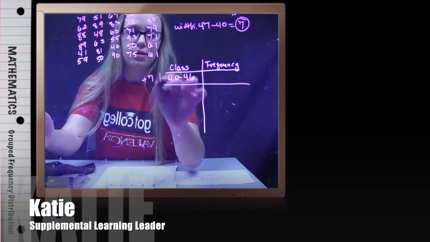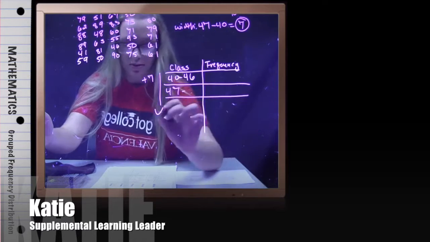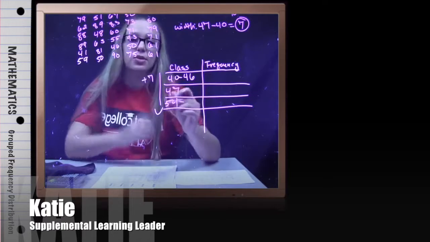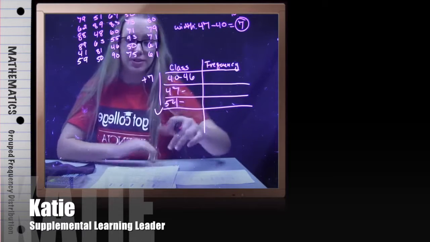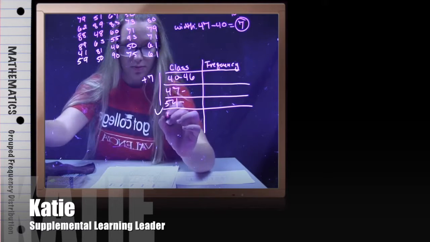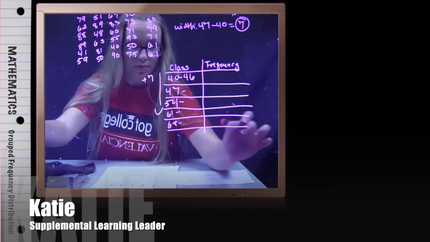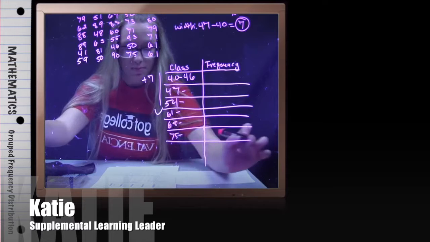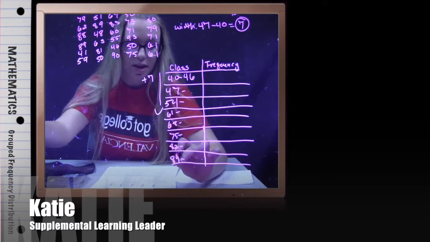So adding 7, we're going to get 47, 54, and we're going to keep going down until we have a number big enough in our class that our largest piece of data will fall into it. And then 89 should top it off for us.